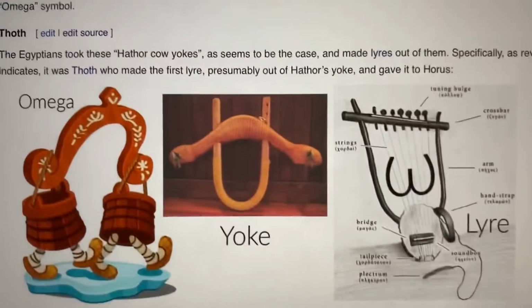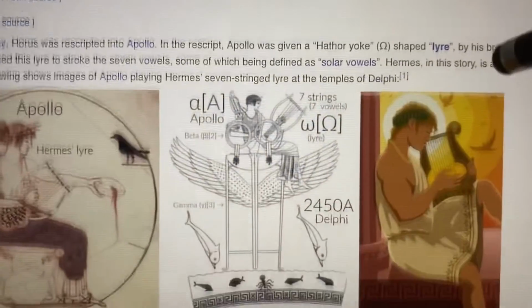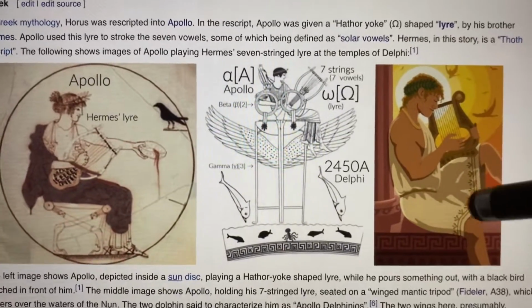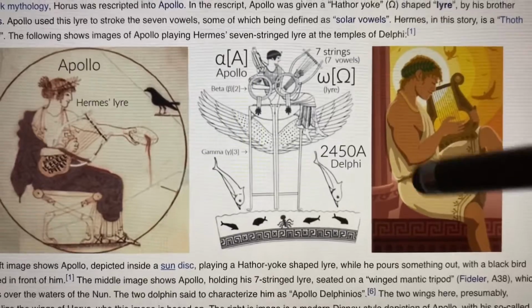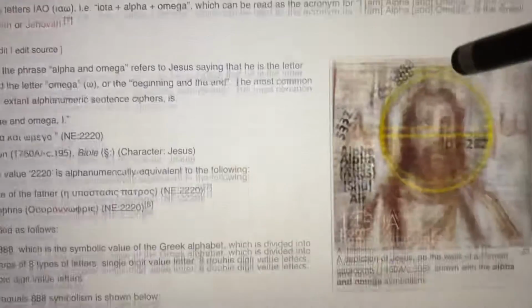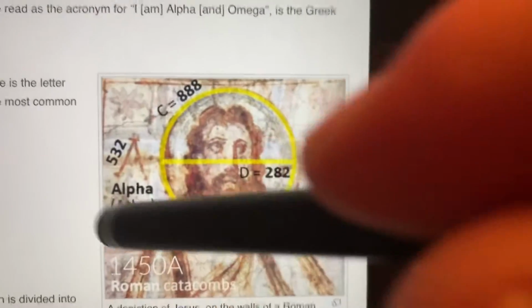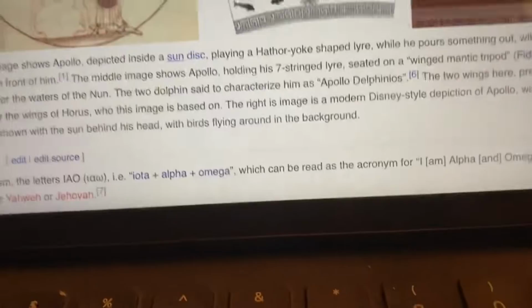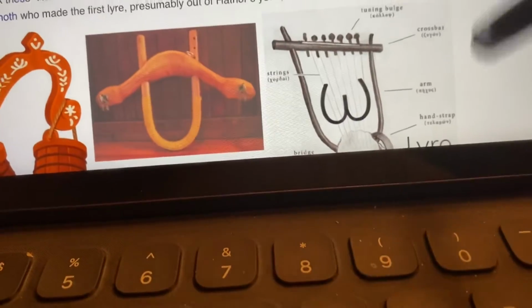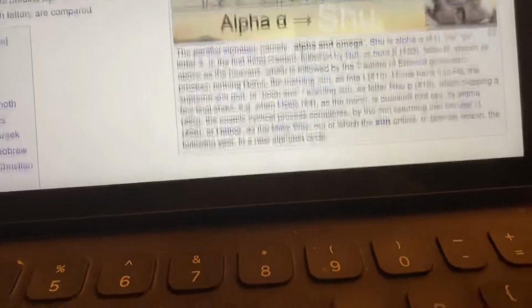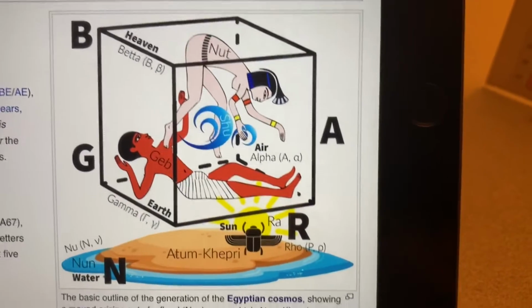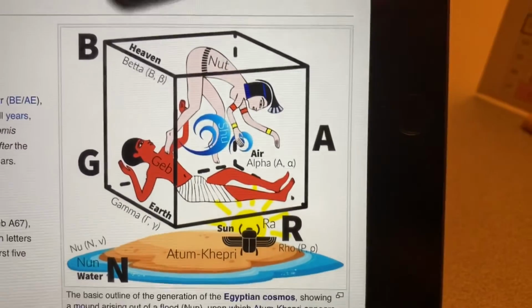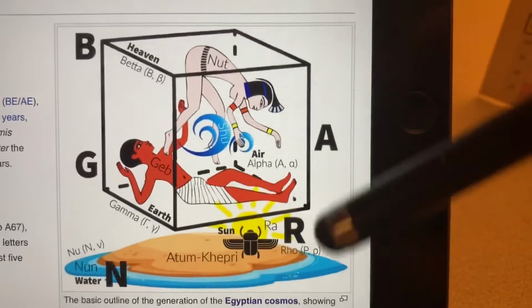And this became the motif of Apollo, who is a Horus rescript shown with alpha and omega, and then finally became Jesus, saying he is the alpha and omega. So that is the origin of the letters. Alpha, beta, and gamma in cosmological sequence.